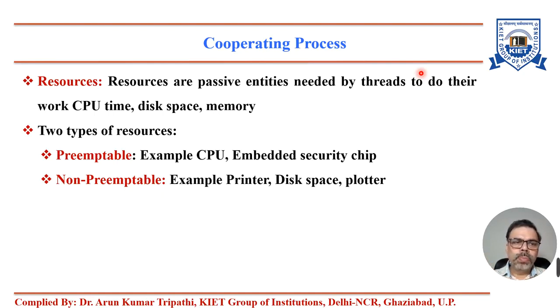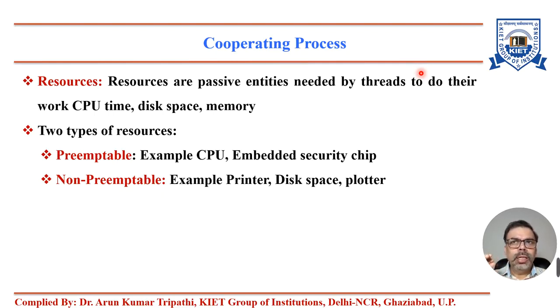Some resources are non-preemptable, for example a printer. If a printer is printing something, and suppose the job has 100 pages, and a higher priority process arrives that has to print only 10 pages, the printer will not be taken from the process previously allocated to it.